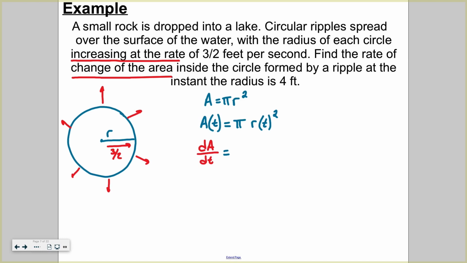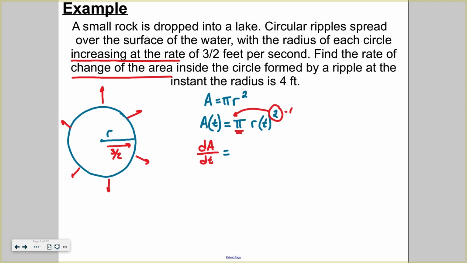In this case, pi is just a coefficient. So to take the derivative of pi r of t squared, we just need to use the power rule, which says move the 2, multiply it to the front, and subtract a power of 1.